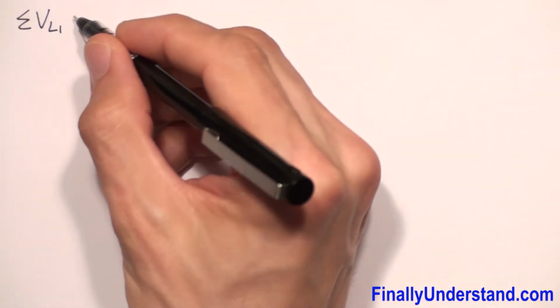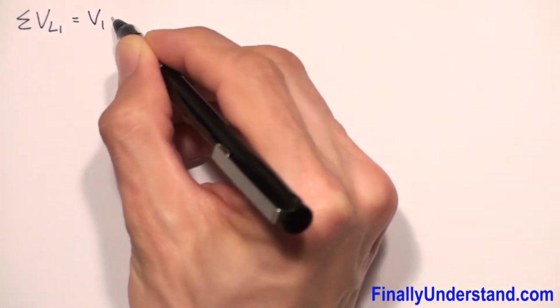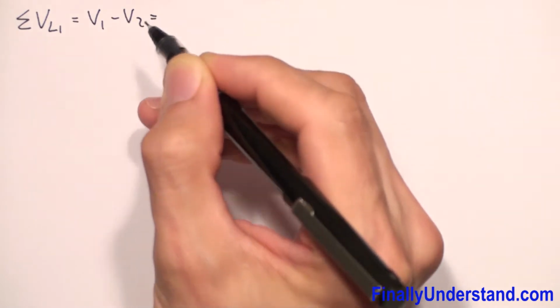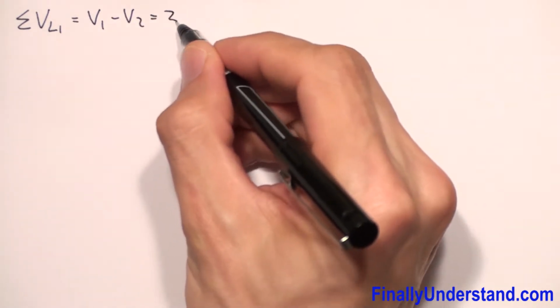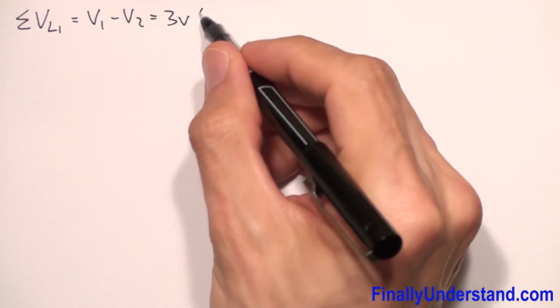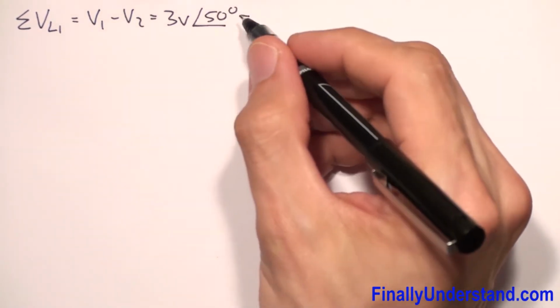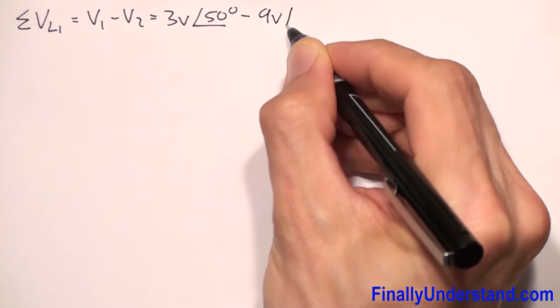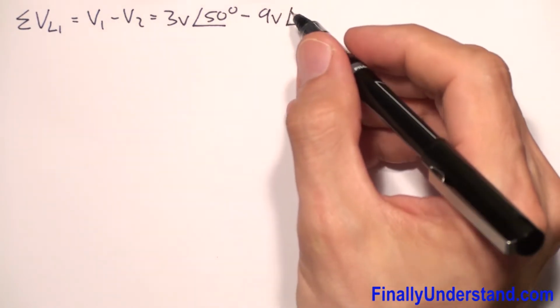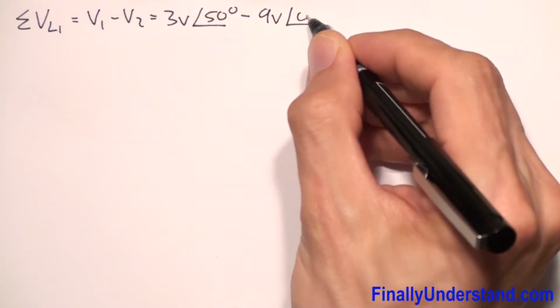Okay, so this is equal to V1 minus V2, where V1 is equal to 3 volts and angle of 50 degrees minus V2, which is equal to 9 volts and angle of 0 degrees.